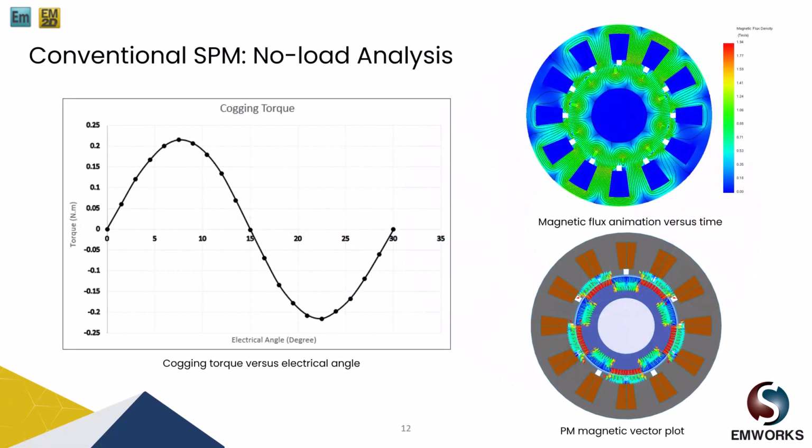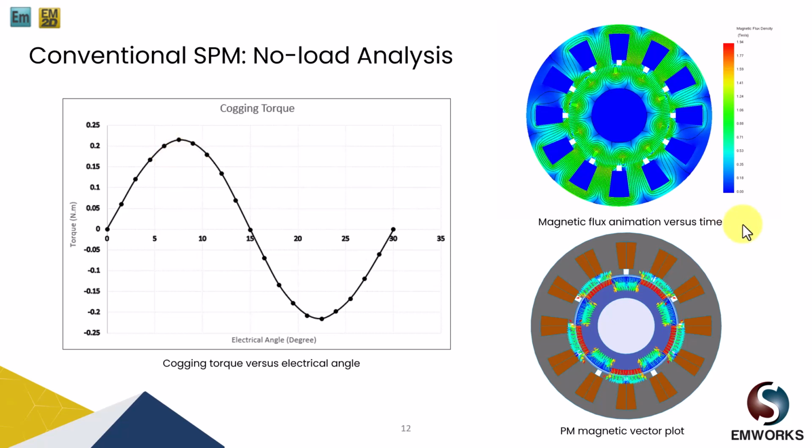So for the conventional surface mounted PM motor, under no load analysis, we obtain a cogging torque of around 0.22 Newton meter. This is usually performed at very low revolutions per second, and we can see here that the cogging torque magnitude is very close to 0.22 Newton meter.